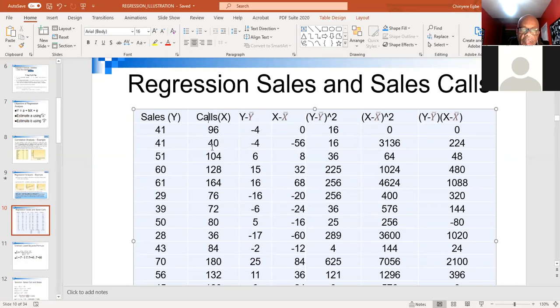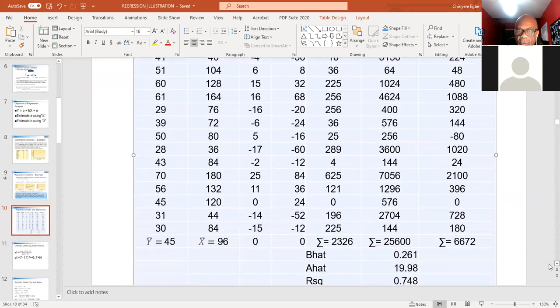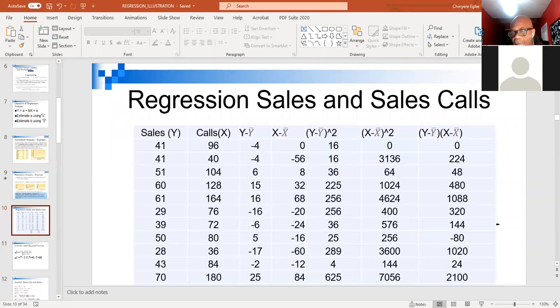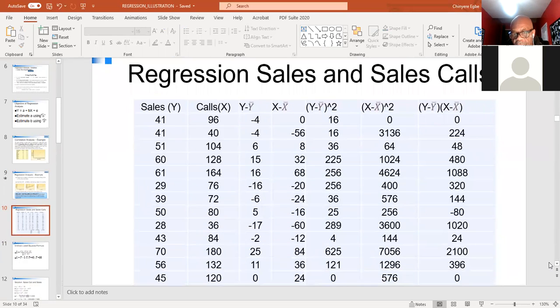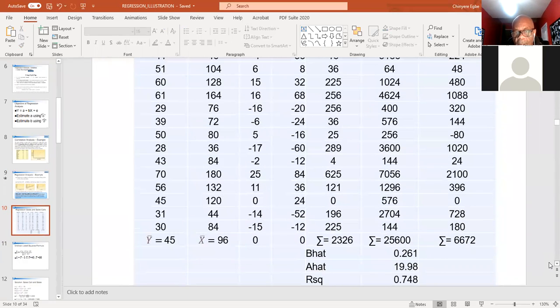Now, once you have this, you then estimate A hat and B hat. I have done this estimate here, and I'm going to show it. I call it A hat and B hat.